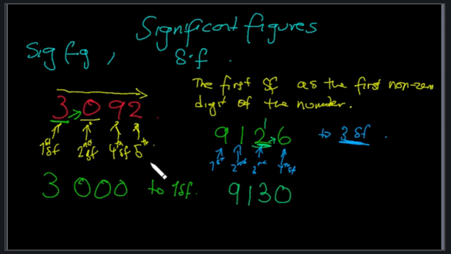Now notice in both of these examples, after I've rounded this number to 3 significant figures and I've added the 1 to the 2 and I've got 3, I've nullified the number just to the right. So the trailing figures that follow it, just to the right of the number, I nullify them and they become 0.